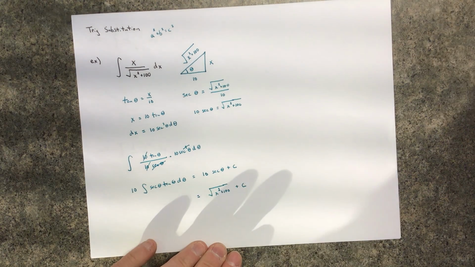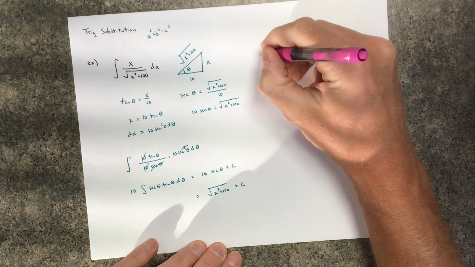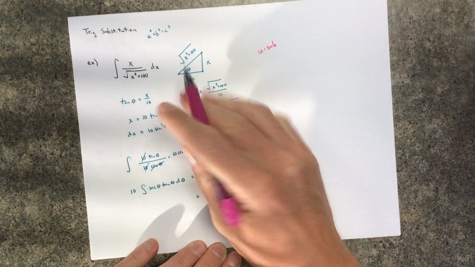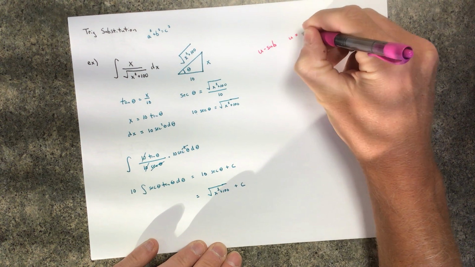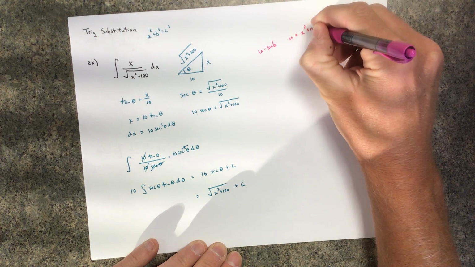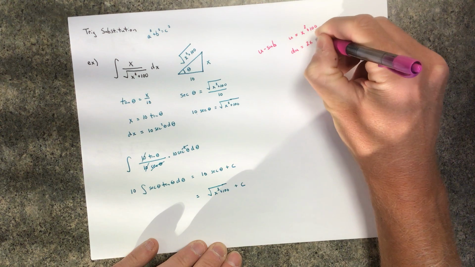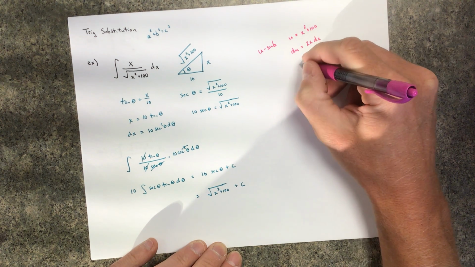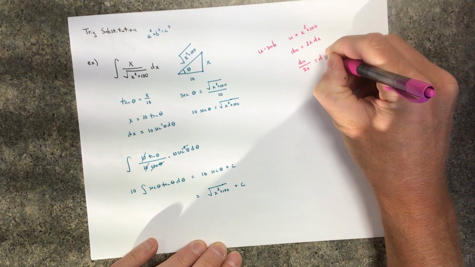I do want to point out that this particular one, I could have done with just regular u sub. I understand that. I picked an easy one. I did it with trig substitution, but I really just could have made u equal x squared plus 100 and done it old school. Then I get 2x dx, so du over 2x is equal to dx.